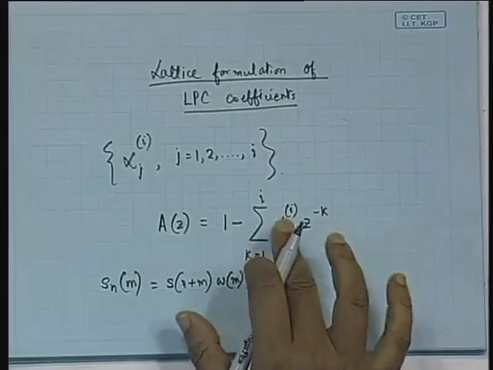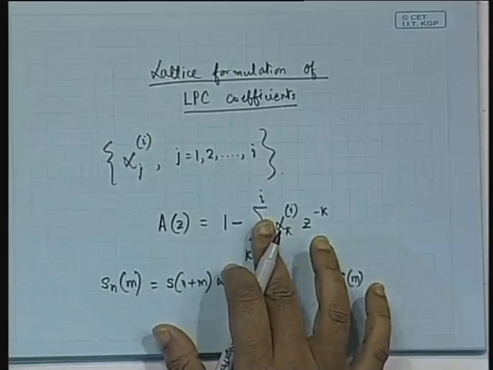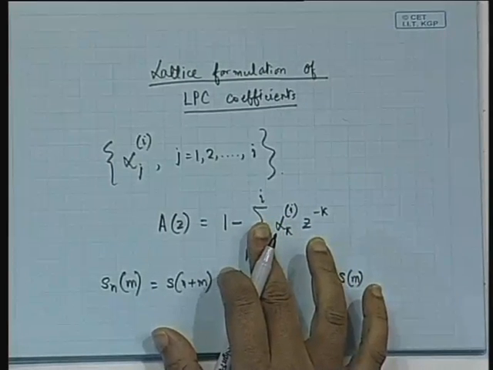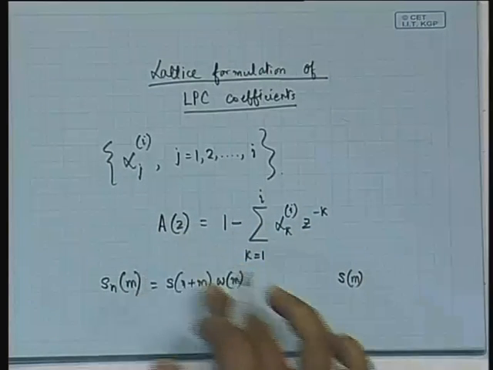Have you come across this filter expression in one of the previous lessons? I believe you have. When we started linear predictive coding, there we had come across an expression like this.